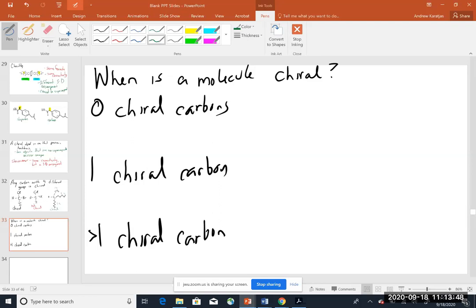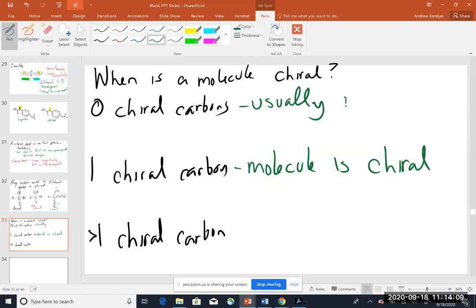If we have exactly one chiral carbon, then the molecule is chiral, the entire molecule. If we have no chiral centers, then the molecule is usually not chiral, or typically we use the term achiral. So achiral, lacking chirality.